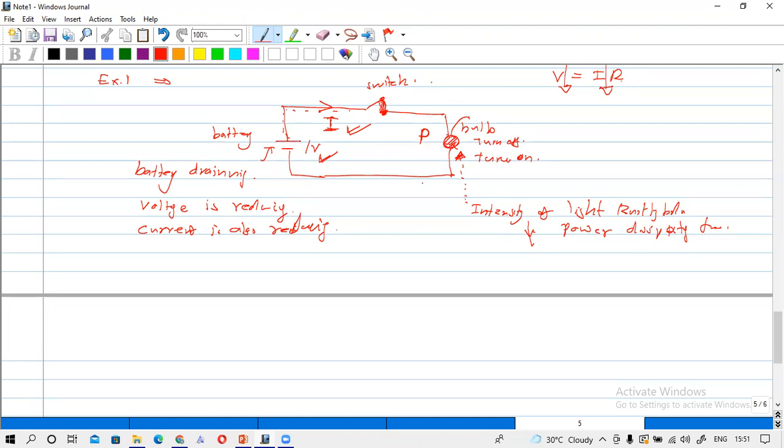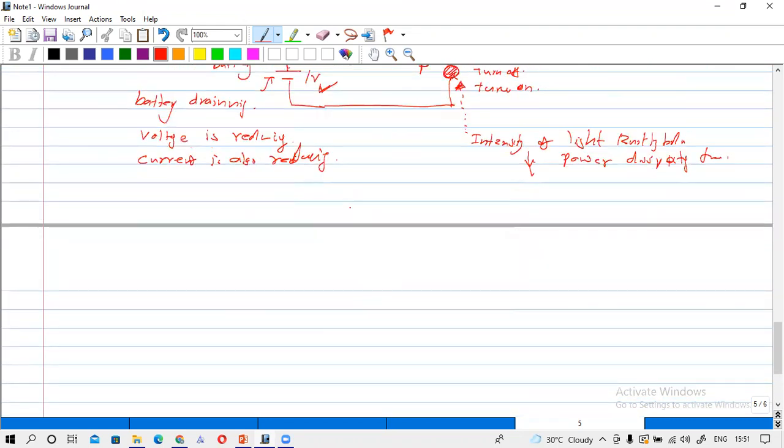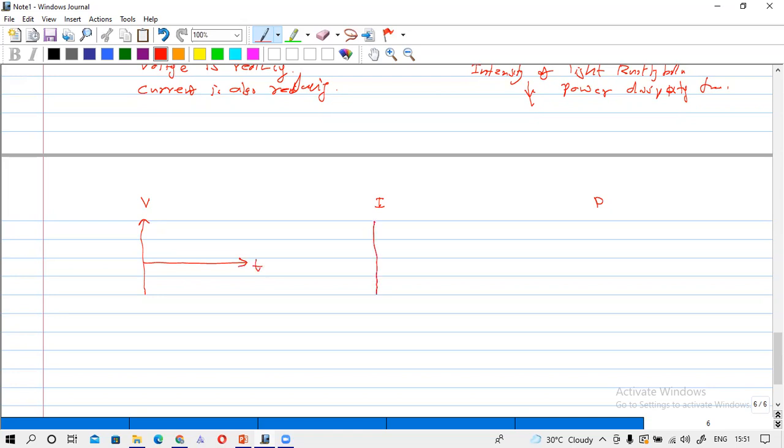Okay, so if we plot this with respect to time, we have voltage, we have current, let's say it is I, and also we have power. We plot voltage with respect to time, current with respect to time, and power with respect to time.